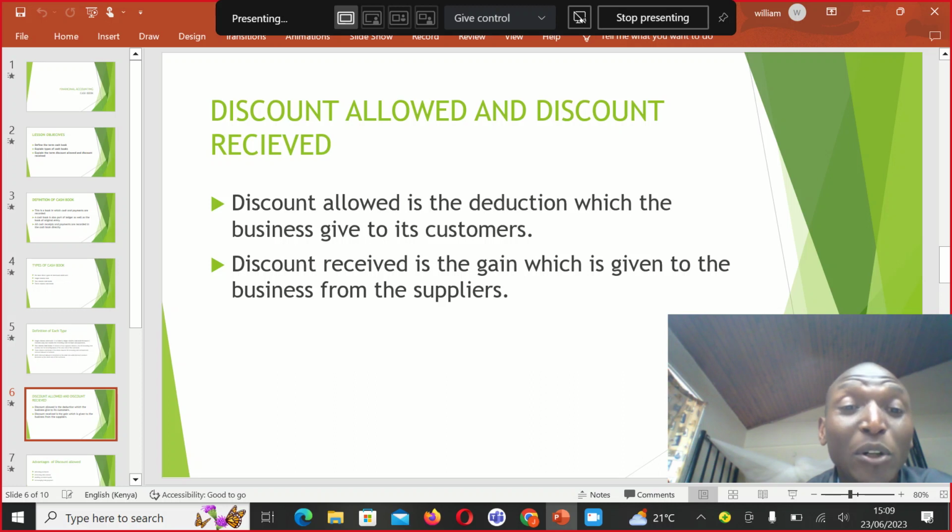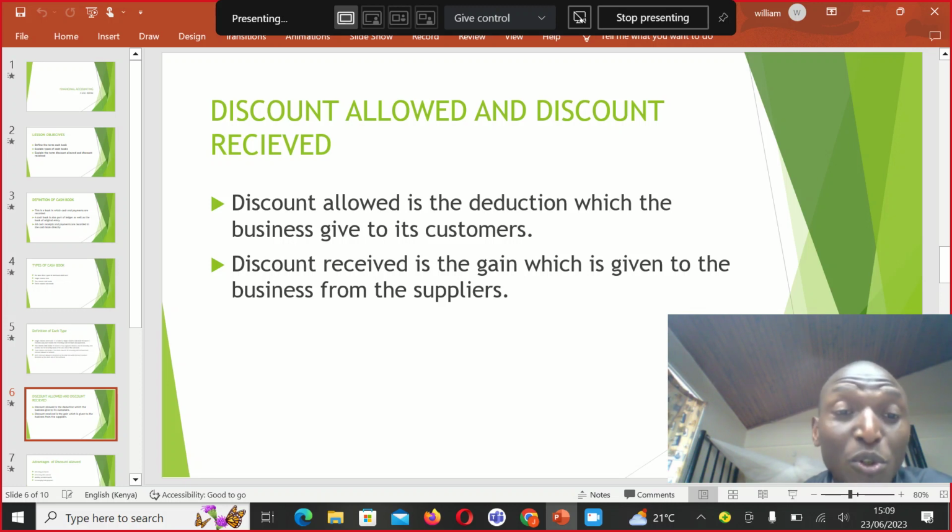When we talk about the discount allowed, we say it is a deduction which the business gives to its customers. So when you come and buy some goods from an enterprise or an organization, if the organization gives you a deduction in what you are supposed to pay, that's what we call discount allowed. And the discount received is a gain which is given to the business from the suppliers.